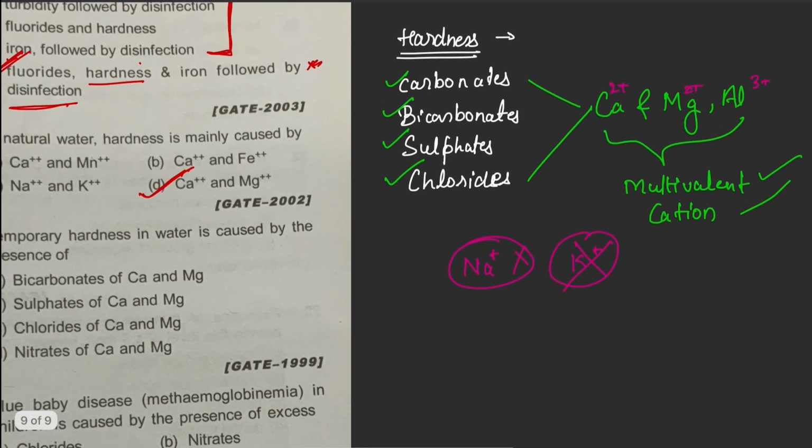Next is temporary hardness in water is caused by the presence of, see, just now we studied about hardness, right? Now temporary hardness is caused by the presence of bicarbonates. This bicarbonate only will create the temporary hardness.